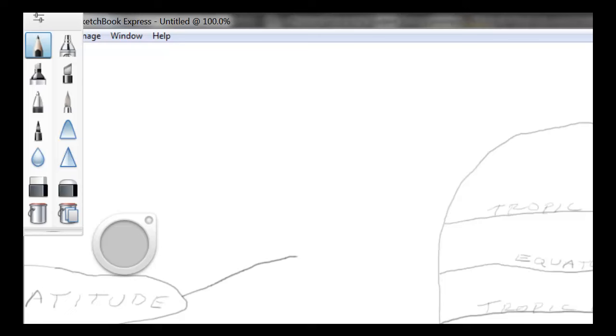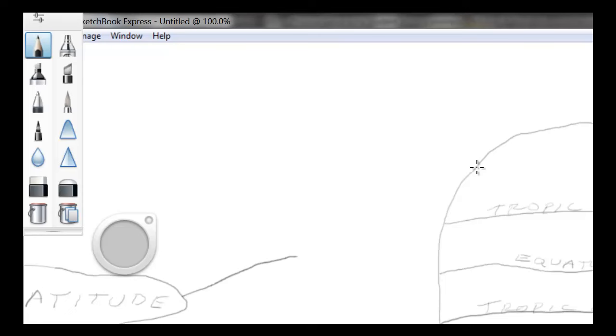And then further down here, this next important line of latitude in the southern hemisphere is the Antarctic Circle at 66.5 degrees south.